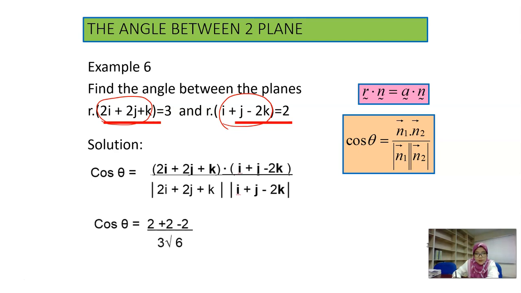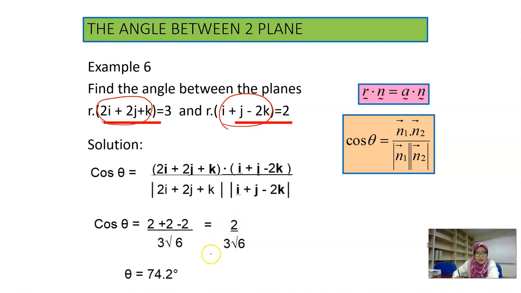We'll find the modulus: this one is 2 squared plus 2 squared plus 1 squared, 4, 4, 1, which is 9, and root 9 is 3. Then 1 plus 1 plus negative 2 squared is 4, which is 6, root 6.